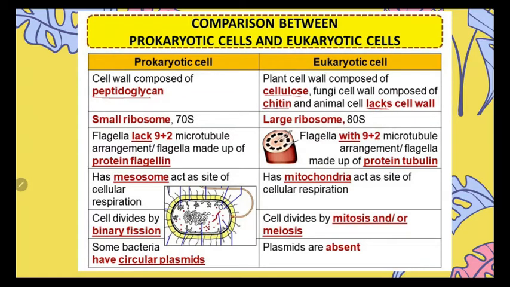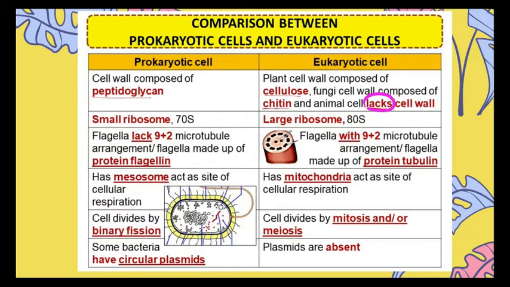Why for this aspect you must explain about plant cell, fungi cell wall, and animal cell, because all of this cell is example under eukaryotic cell. So you must mention all type of cell. Okay, and lack in biological term, lack means no, absent. So animal cell does not have cell wall.